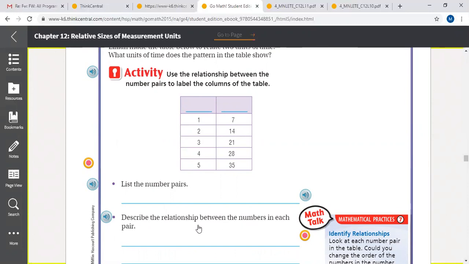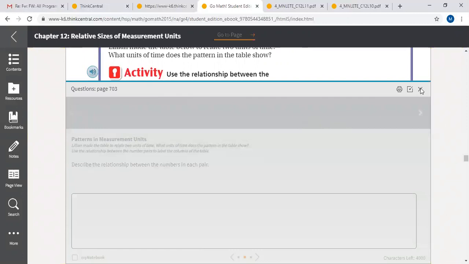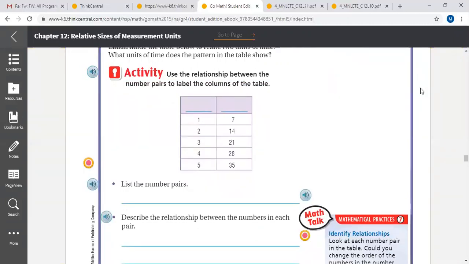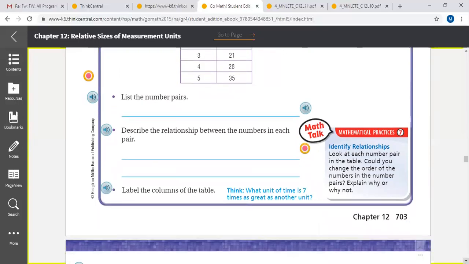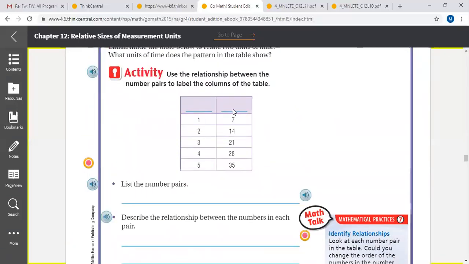The third question, label the columns of the table. Here we said that the first column is week, then here it's days. Week and days.